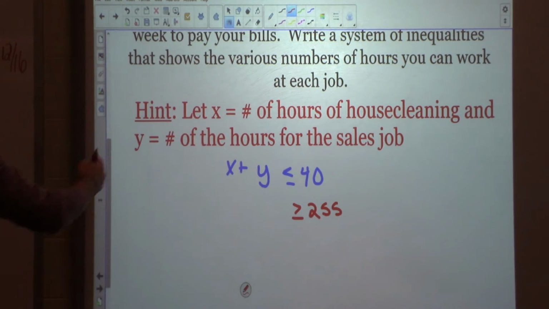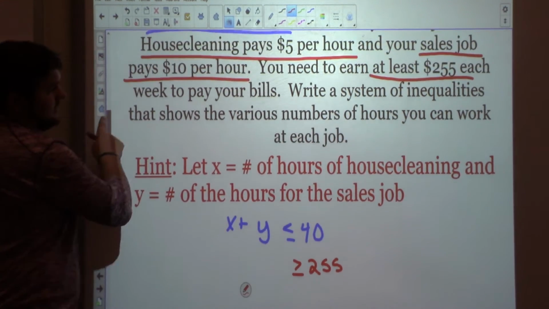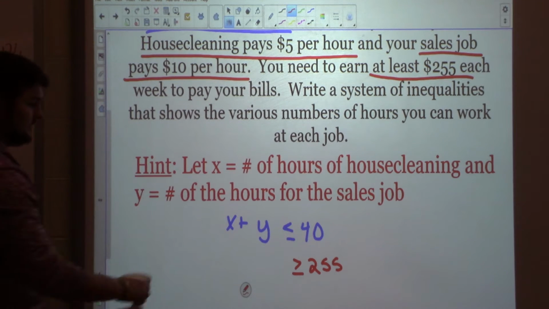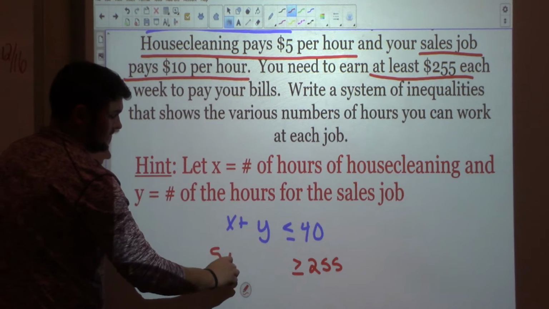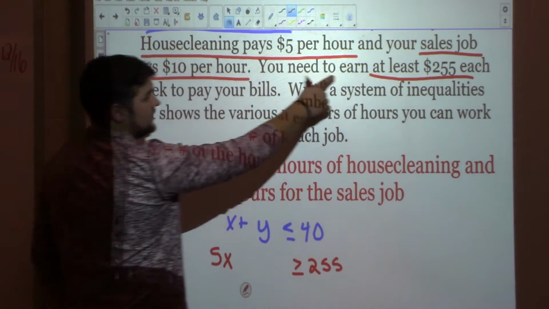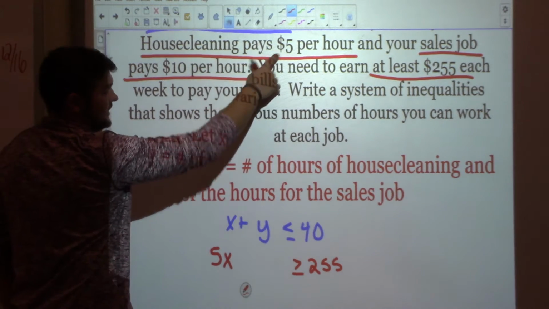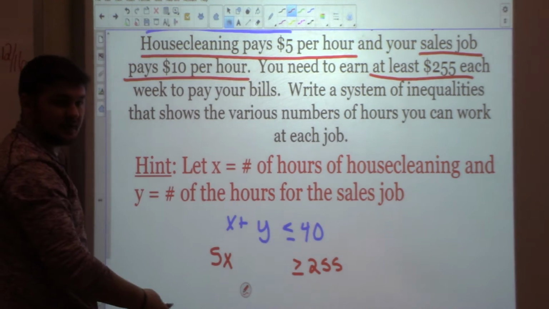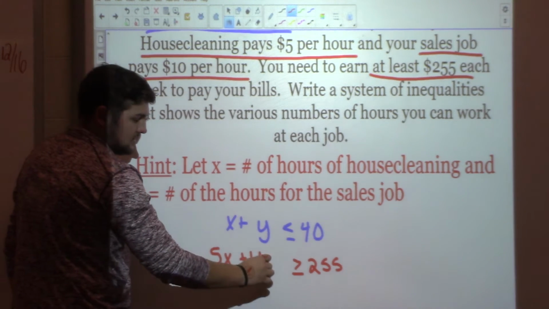Well, using my variables, how can I figure out how much I made? Sid, how'd you get 5x plus 10y? Good, right? I get paid $5 every hour I spend house cleaning. So $5 per house cleaning hour, well, X is the number of hours. So 5 times however many hours I spend house cleaning, plus 10y.